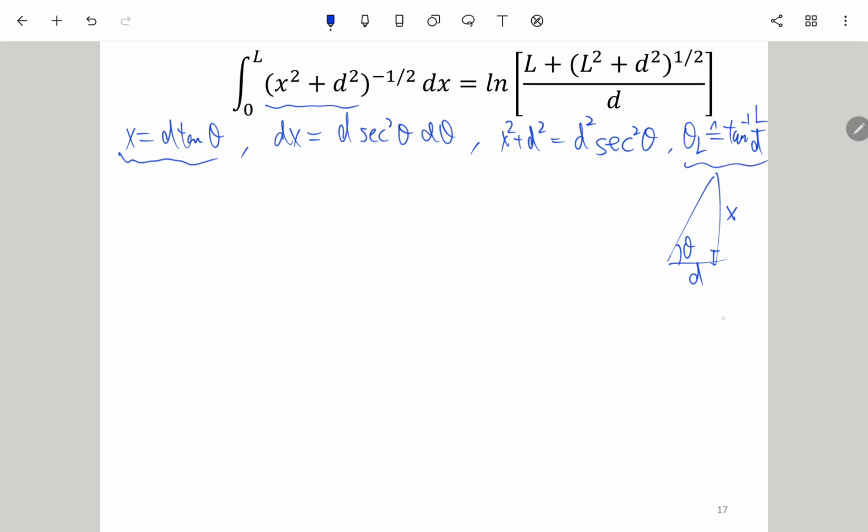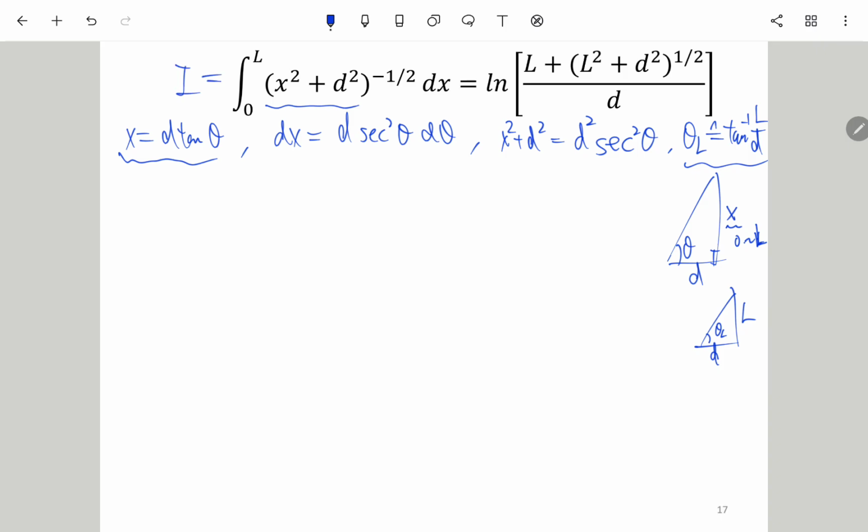This case is like if we have L for the full length, and then d, because x is from 0 to L, so we put L to be the maximum value of x, and in this case we denote it as theta L.